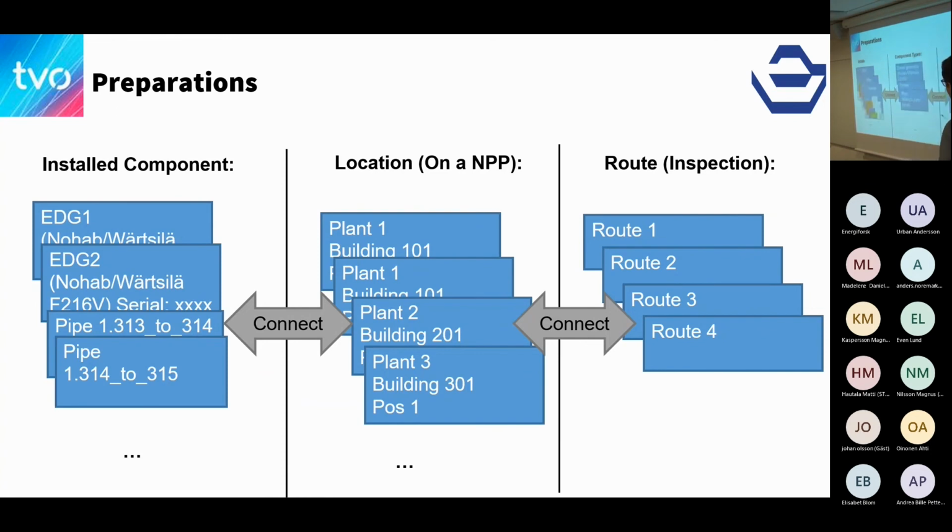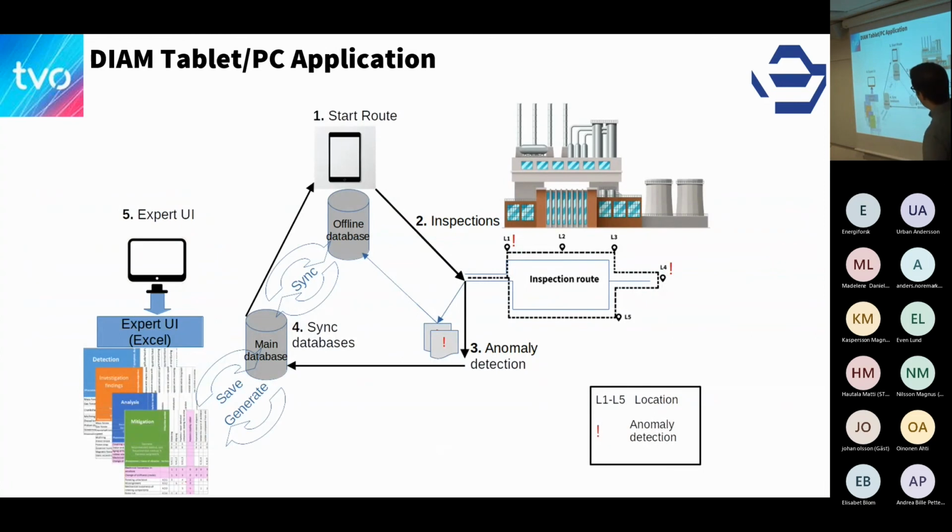So when we are conducting a route here, and we are in location 1, we can narrow down what component is installed there. It might change in time. Some components can be switched around, but when we are doing this location, we have identified the component type, and then the diam type, so we can conduct the diam chain correctly in that case.